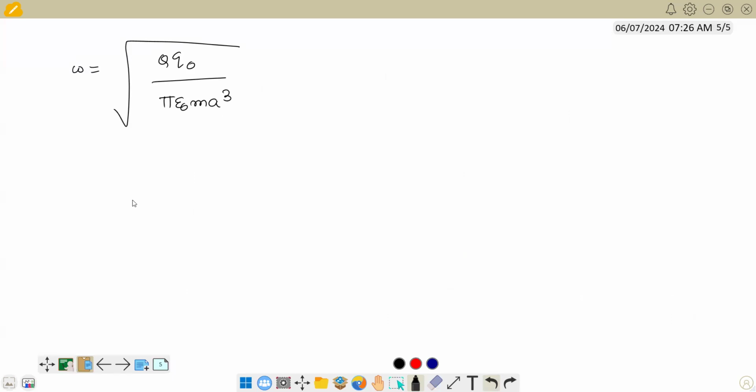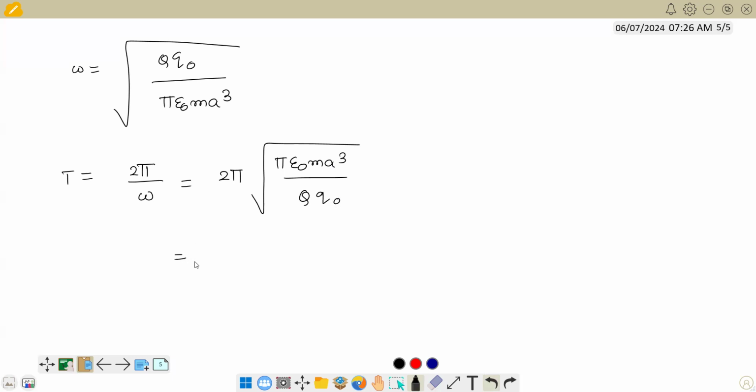Once we get the value of omega in this way, time period equals 2 pi by omega. So 2 pi into reverse of this, you will get pi epsilon naught m a cube by q naught. So if I take it inside, you will get 4 pi square epsilon naught m a cube by q naught.